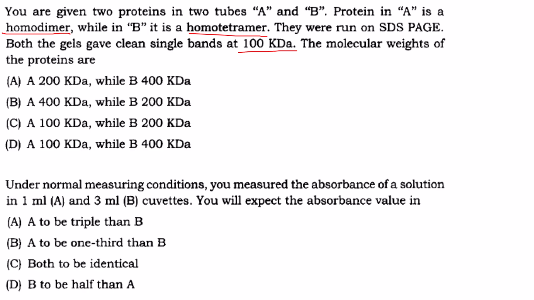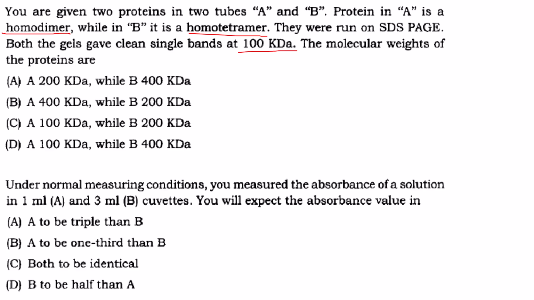So protein A, the homodimer, you got a 100 kDa band. Now protein B run on another SDS-PAGE also gave a 100 kDa single band. Now SDS breaks the non-covalent bonds that hold the protein subunits, so individual monomers are separated and can be analyzed.